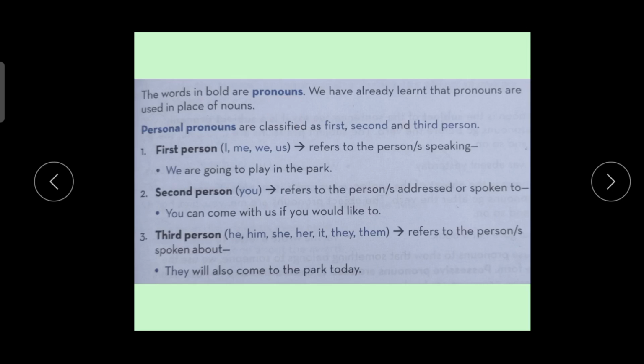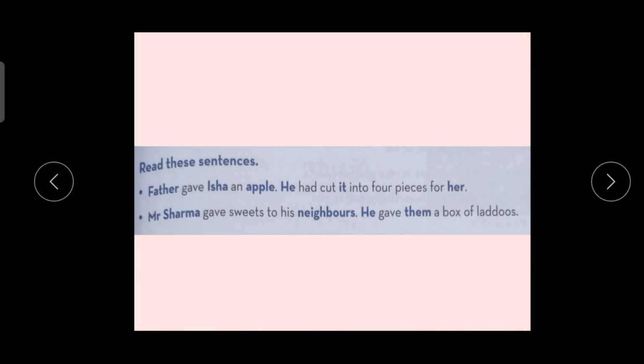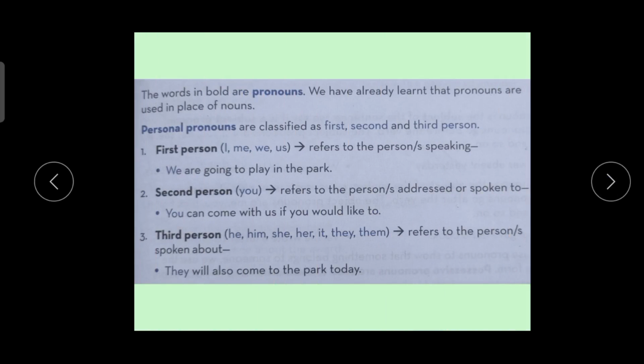Dear students, as we went through these sentences, we have seen that some nouns and pronouns are given in bold. The words which we use in place of nouns are known as pronouns. We have already learned that pronouns are used in place of nouns.